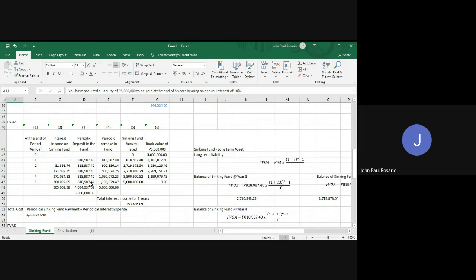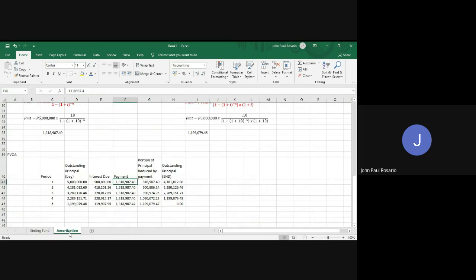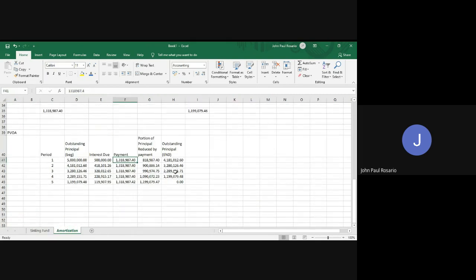So for sinking fund, everything except for the periodic deposit, which is constant, is increasing. However, in amortization, it's not the case. Payment is constant, principal and interest due will continue to decrease, while on the other hand, our portion of principal reduced by payment will continue to increase.